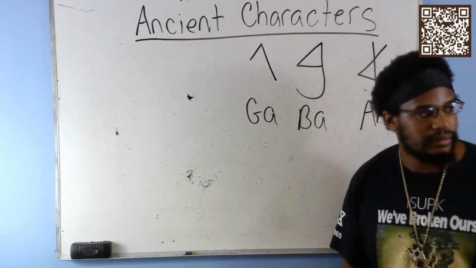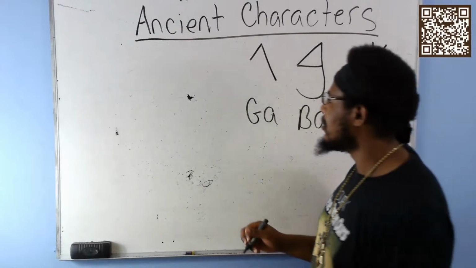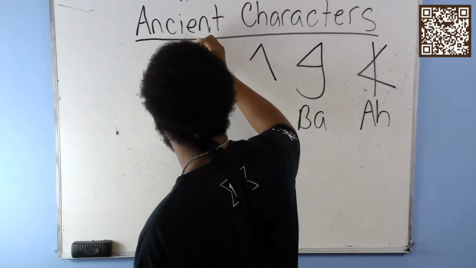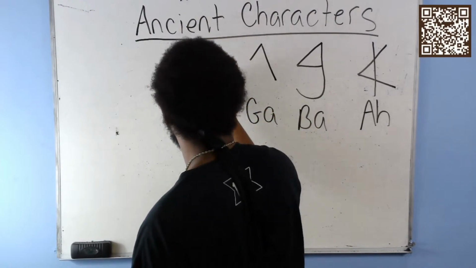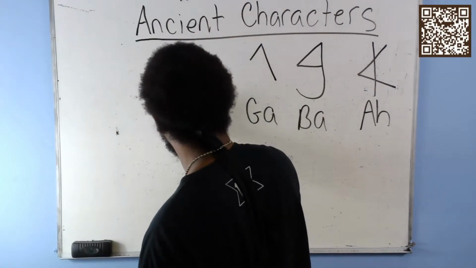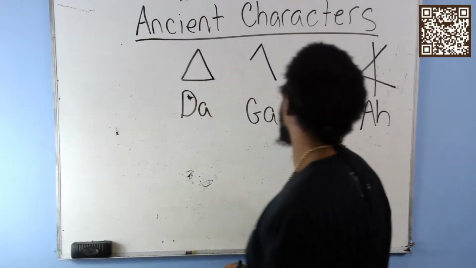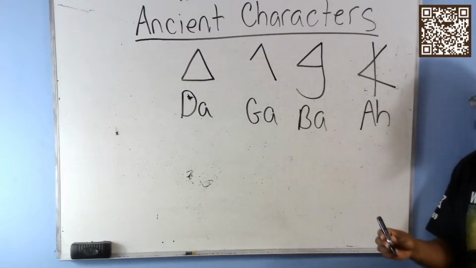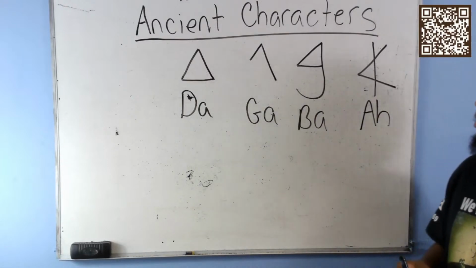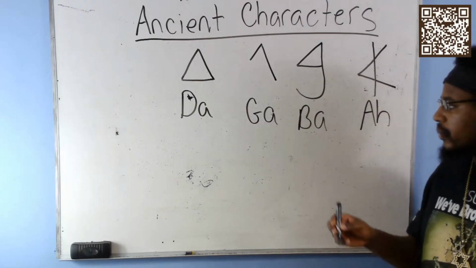Then we got Da. So far, we've got 4 characters. There's 22 characters in the ancient Hebrew, in the Lashawan Qadash.